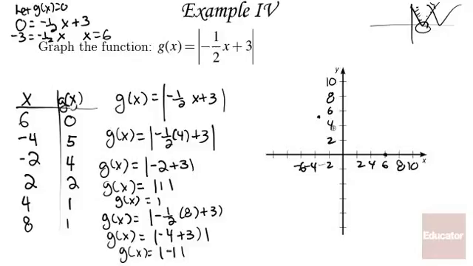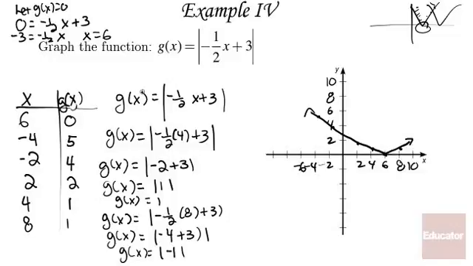Negative 2, 4 is my next point. 2, 2, 4, 1, and then 8, 1. Because it's going to have a line going to the left, and then another line going to the right. And I could take a couple more points out here to find a little bit more of this, or I could just extend it out based on these 2 points.